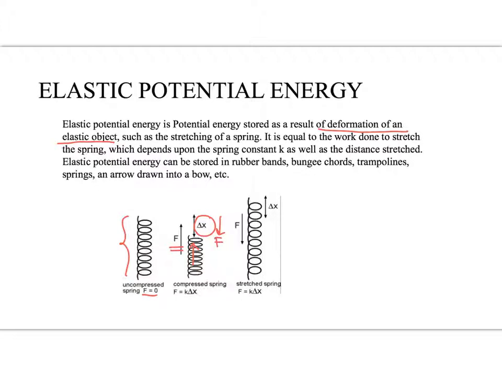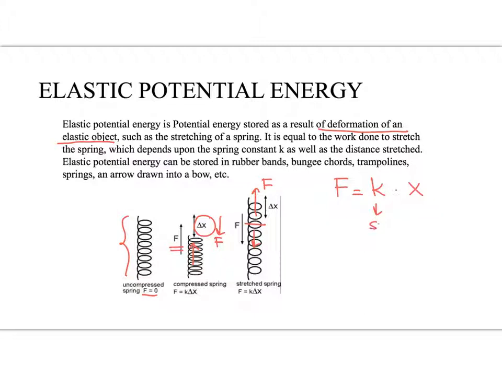Then here in the third figure, the spring is stretched with a distance of x, and again the spring applies a force equal to this force in the opposite direction. So the force applied on the spring is equal to k, the spring constant, times the amount of deformation.